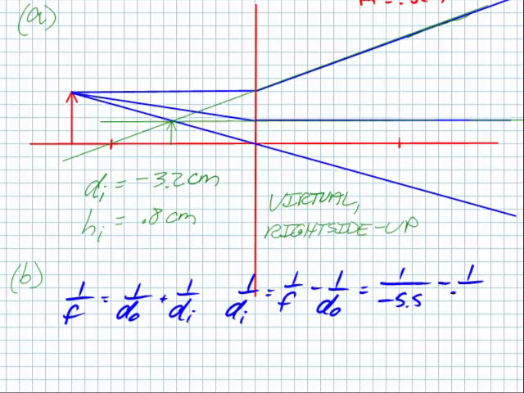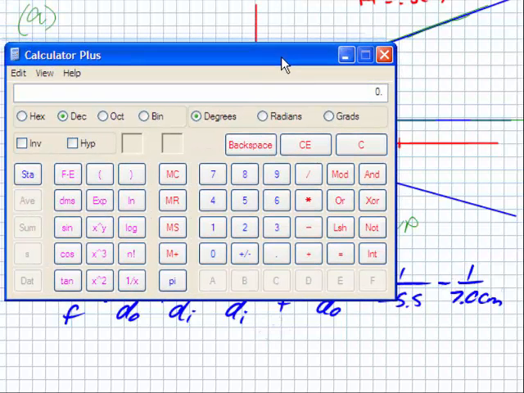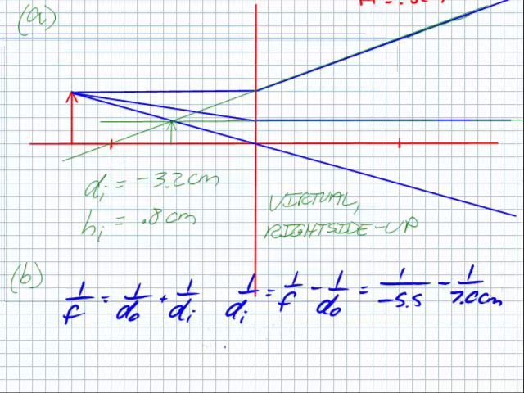Minus 1 over 7.0 centimeters. So we've got negative 5.5, negative 1 over minus 7, inverse equals, and remember that's 1 over di, so we want to take the inverse of that, and we get 3.1 centimeters. So di is equal to negative 3.1 centimeters.